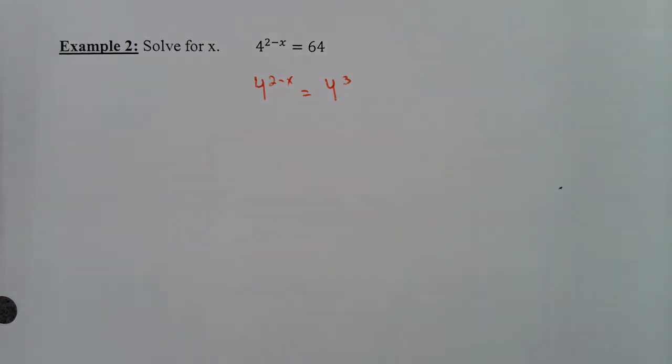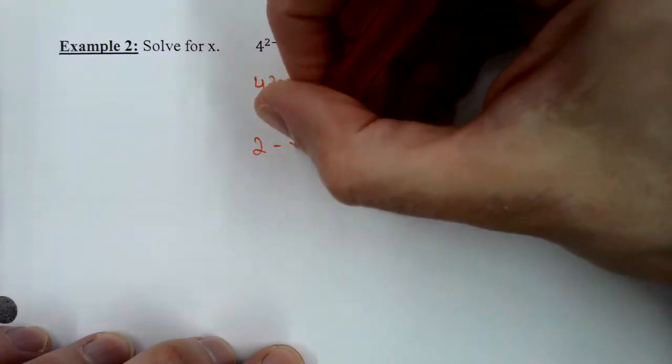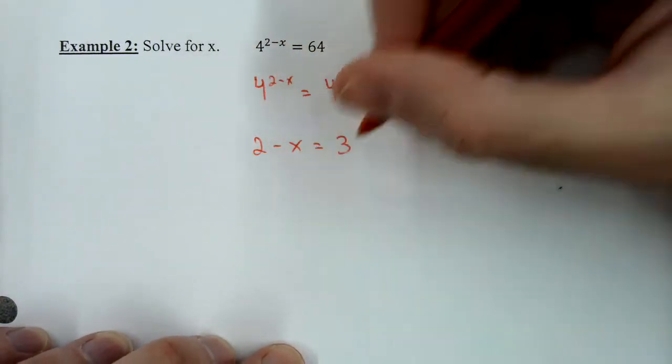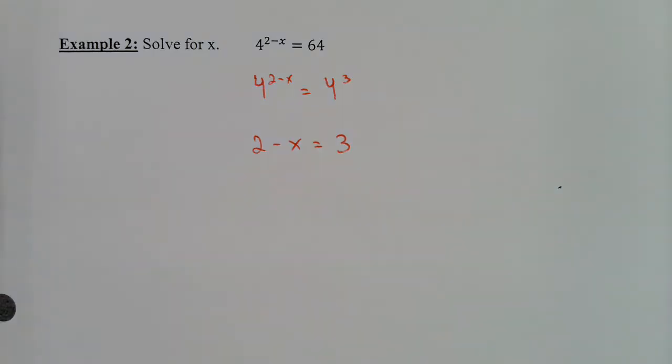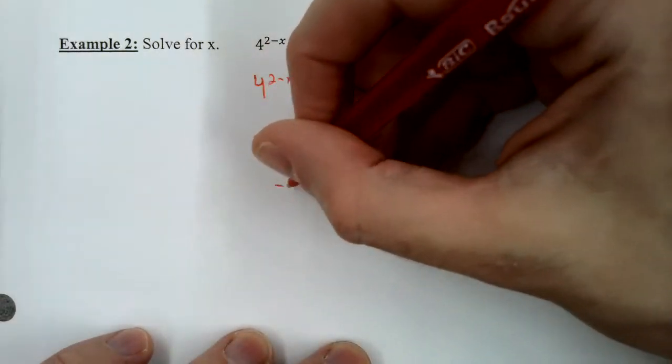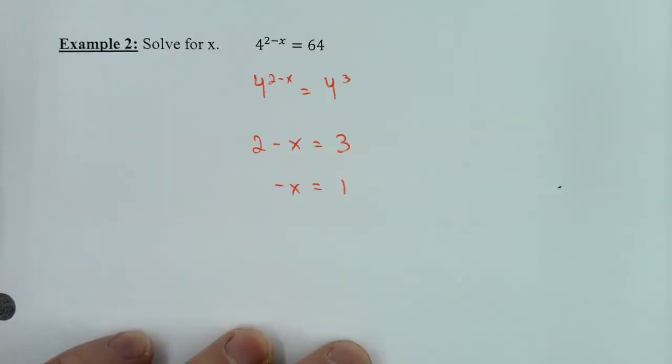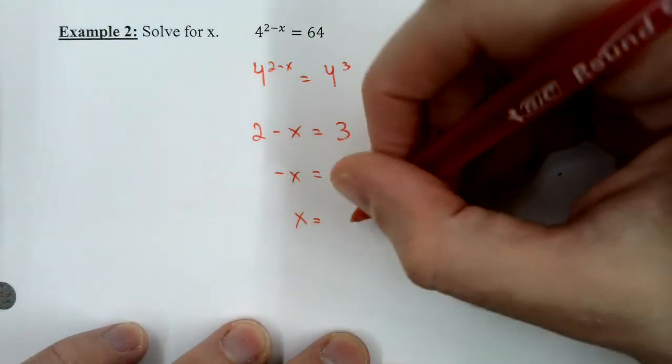Now, since each side has a base of 4, I just set the exponents equal to each other. 2 minus x equals 3. Subtract 2 on each side. Negative x equals 1, which means x equals negative 1.